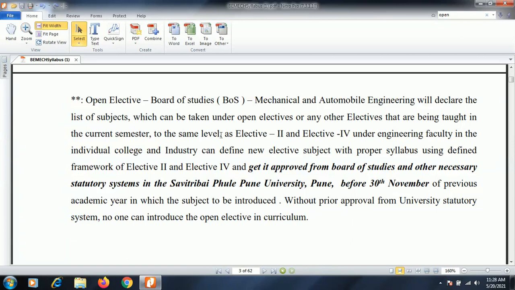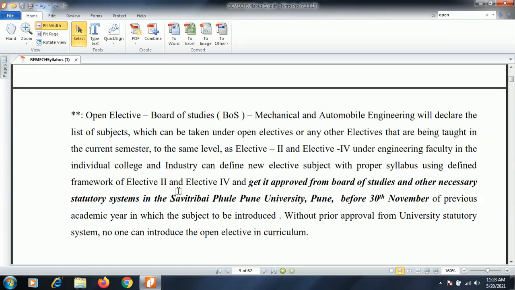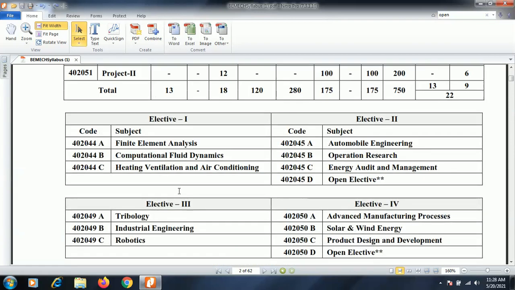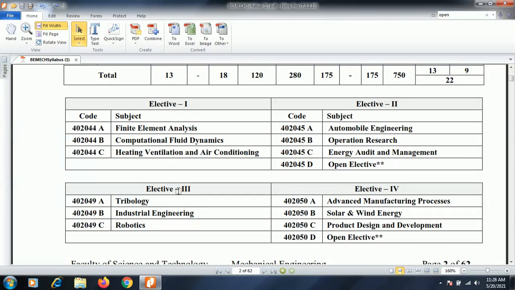Elective 2 and elective 4 under the engineering faculty, individual colleges and industry can define a new elective subject and proper syllabus using the defined framework and get it approved from the board of study and other necessary statutory systems in SPPU. So this elective we need to get approved from the university.